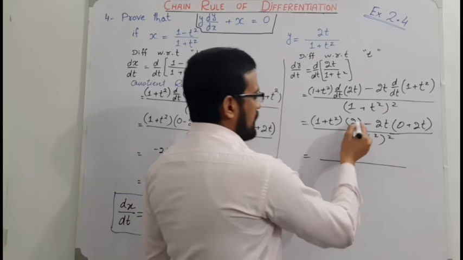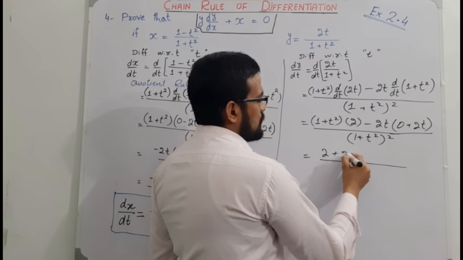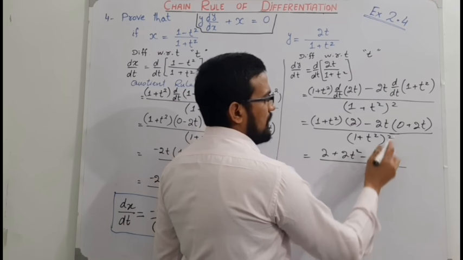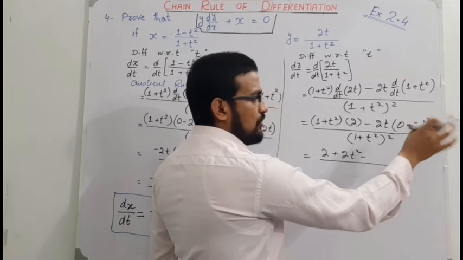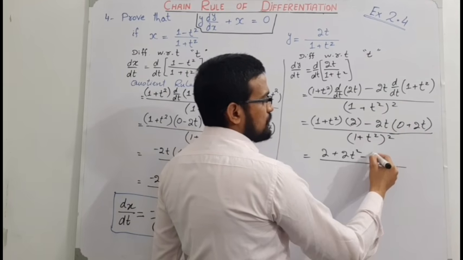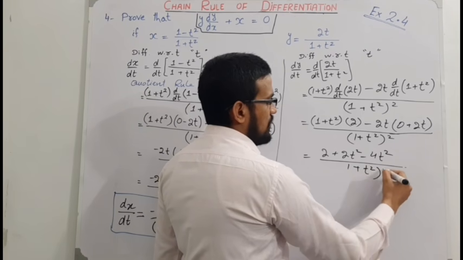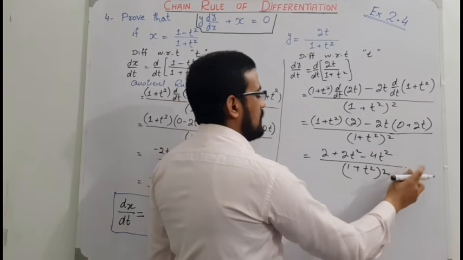Simplify, open the bracket: 2 multiply with 2 ones are 2, plus 2t square minus 0, 0, remove, 2t minus 4t square, over 1 plus t square whole square.